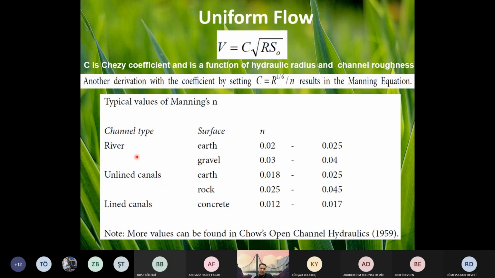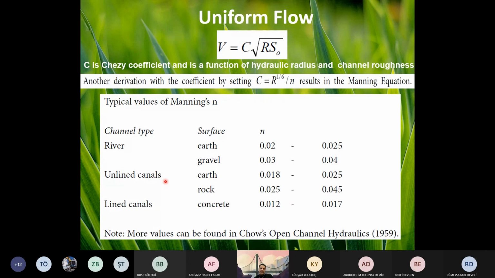For example, for a river where the surface is earth, n can vary between 0.02 to 0.025. This is Manning roughness. If the surface is gravel, you see the roughness increases.